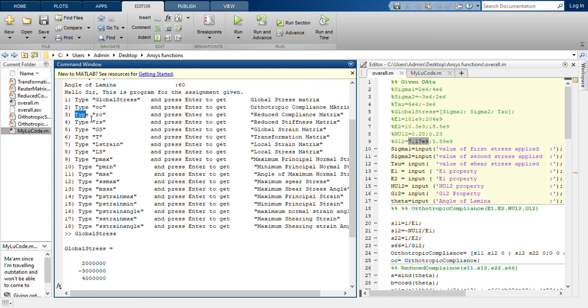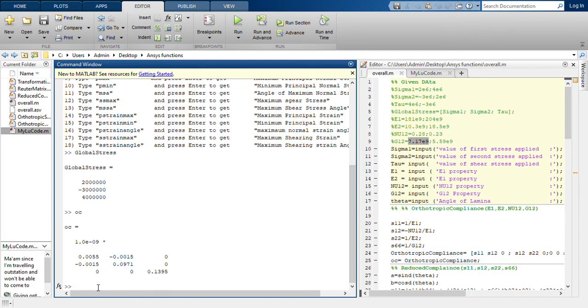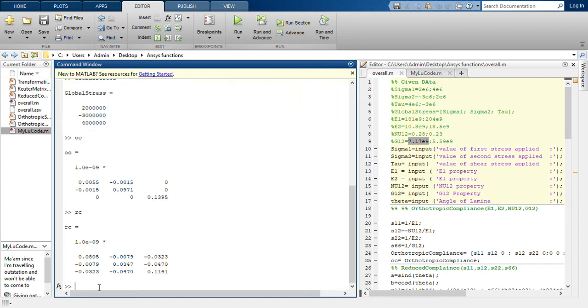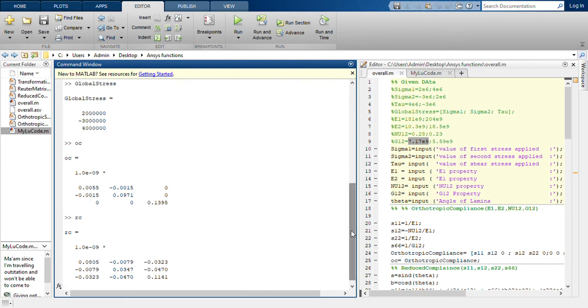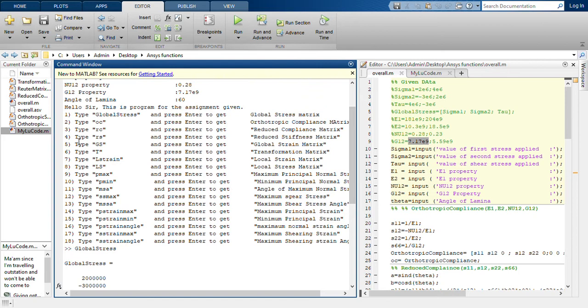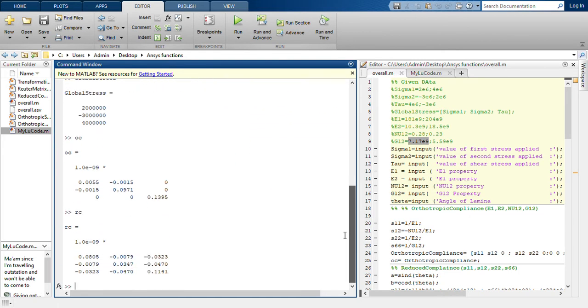Now the third part is the reduced compliance matrix, that is the S bar matrix, so RC. Again, on page 115 we can cross verify, and all these values are the same. These are the S bar values. Then the fourth one, type RS to get the reduced stiffness matrix.